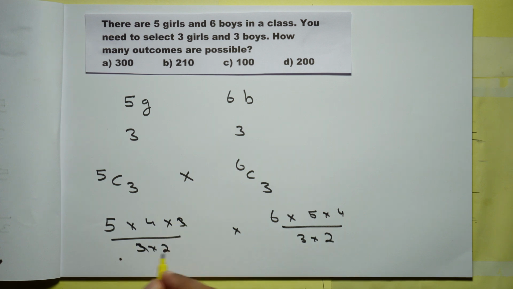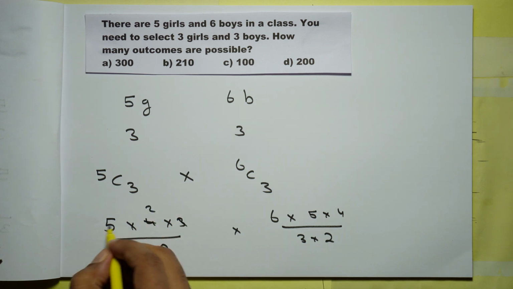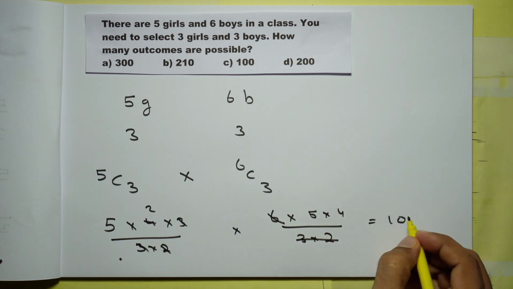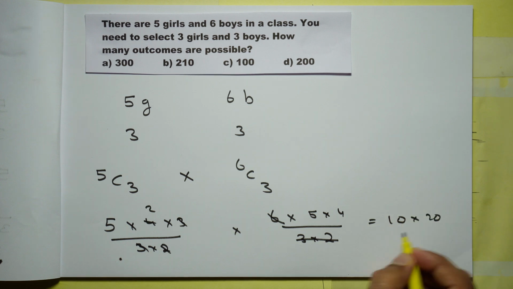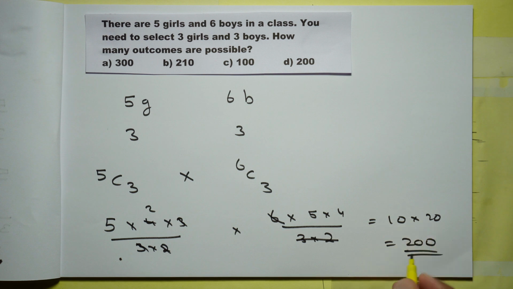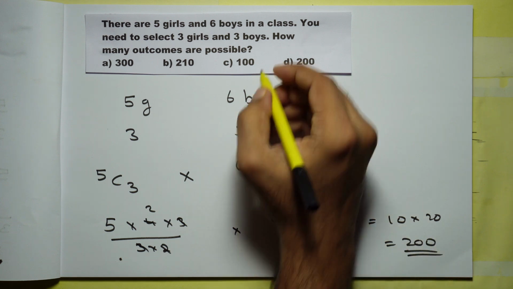So 3 and 3 cancel out, 2 cancels 2. So 5 into 2, that is 10. Here 3 into 2 cancels with 6, and 5 into 4 is 20. So 10 into 20 gives you 200. This and this, so you have to multiply. So altogether 200 possible outcomes are there, option D.